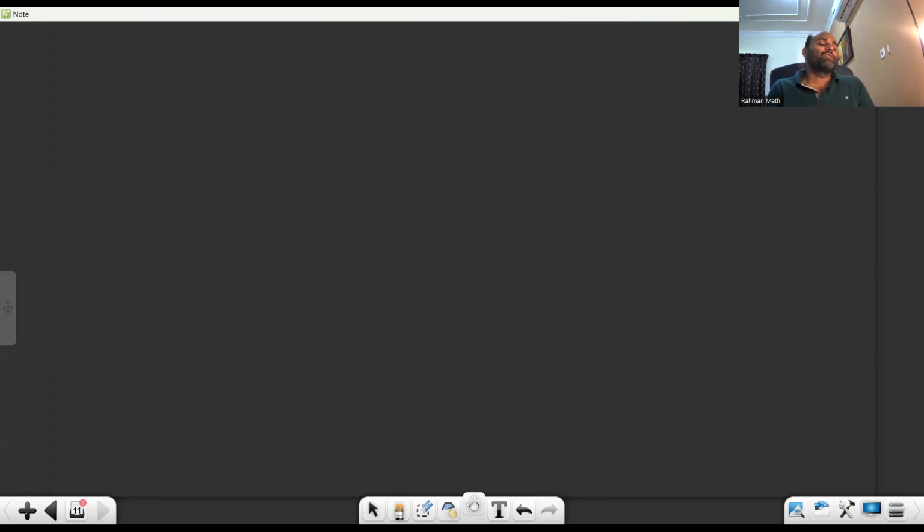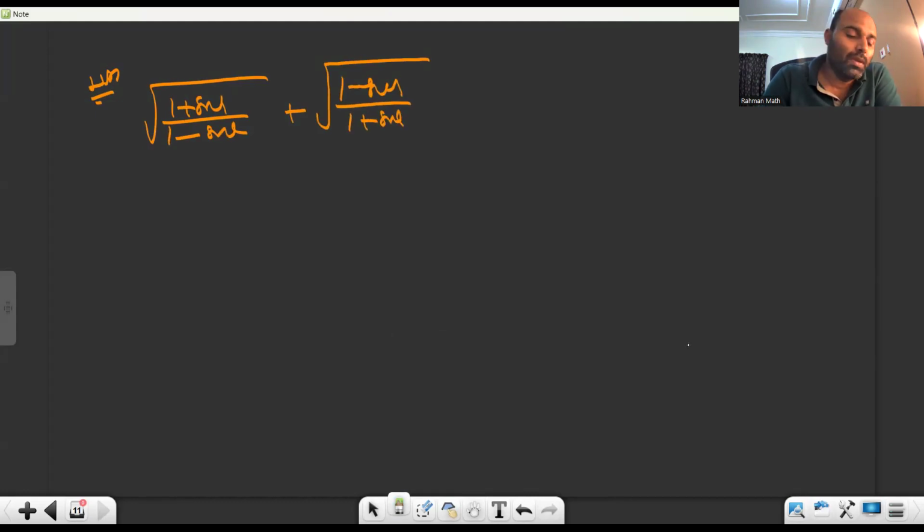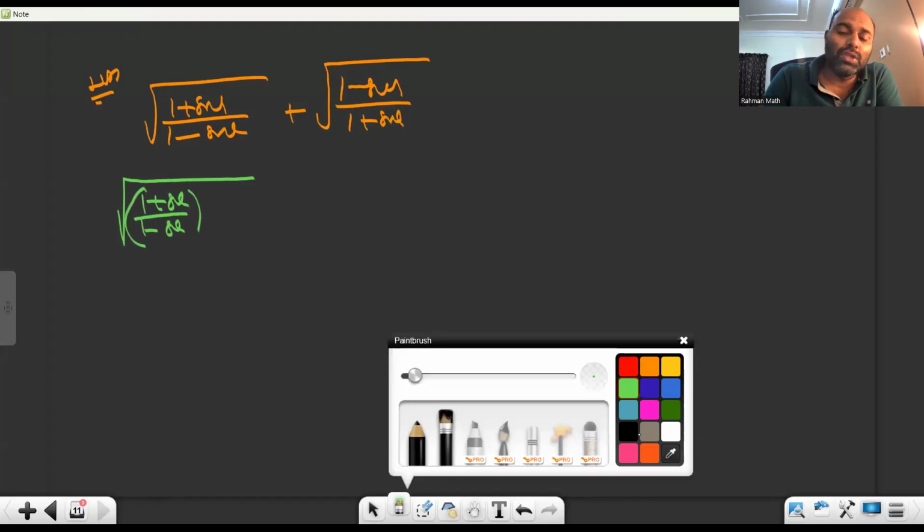Okay. Question number 11th one. Whenever a root comes, multiply by the denominator's conjugate. This technique you write somewhere. Root came, then conjugate multiplication and division. LHS: root of 1 plus sine theta by 1 minus sine theta, and root of 1 minus sine theta by 1 plus sine theta. Denominator conjugate you multiply.